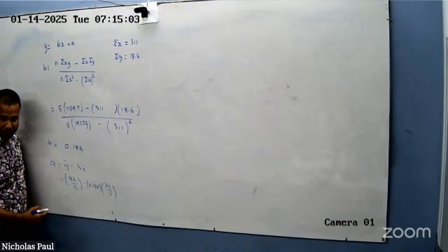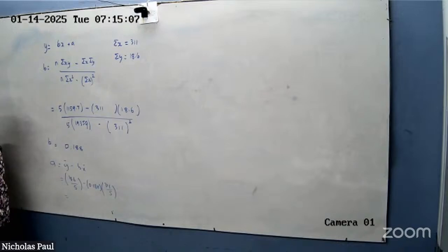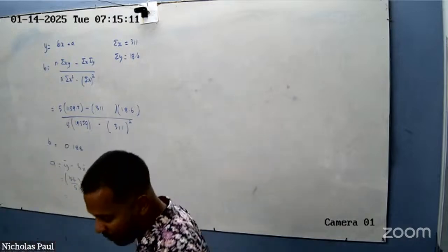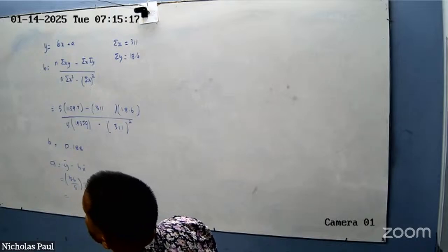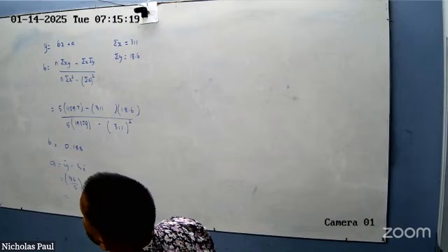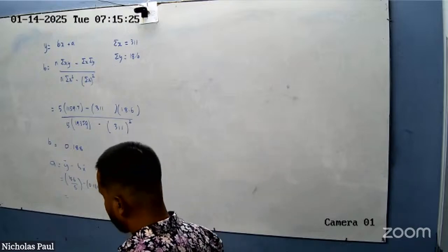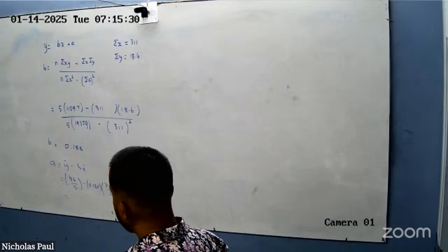What have you got here? Oh yeah, now you got it, so you get error. Diane, you got a value here?